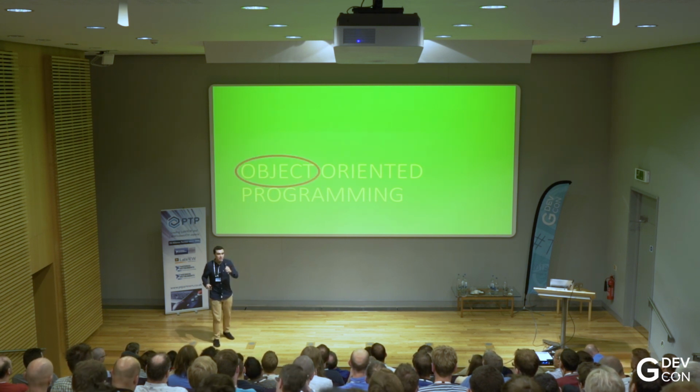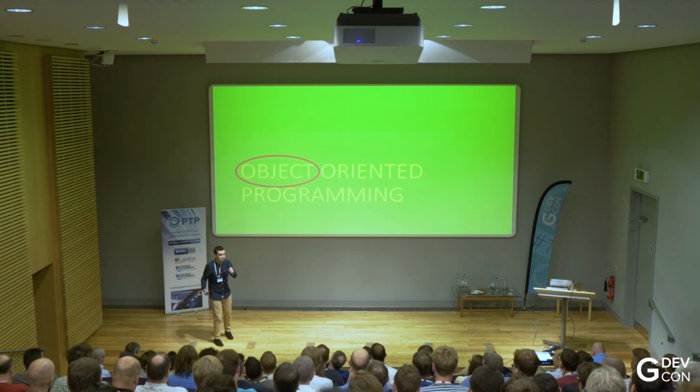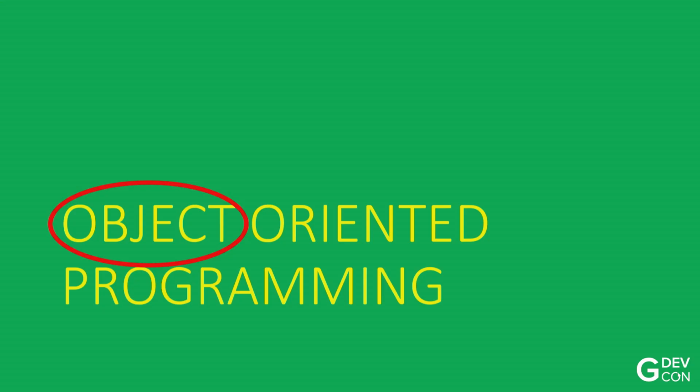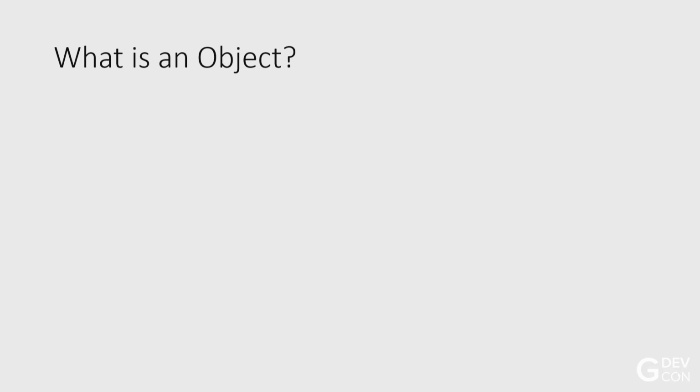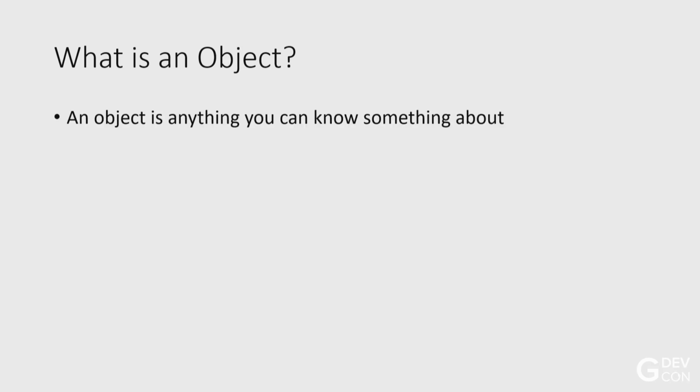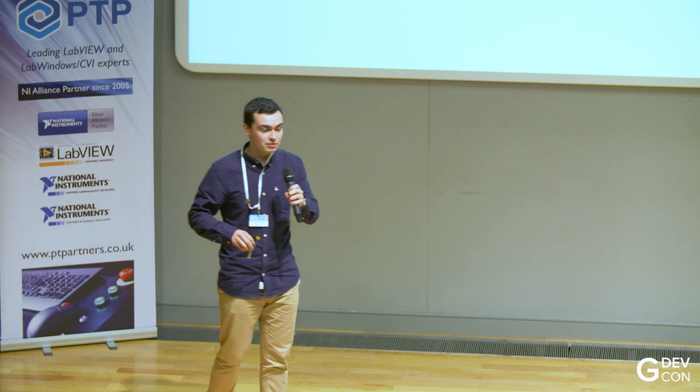So I want to start off by saying what an object is. So people go through life and we see objects every day, and the way that we as humans would define an object is anything we can know something about. So for example, I have a bottle opener here, and this is my bottle opener.